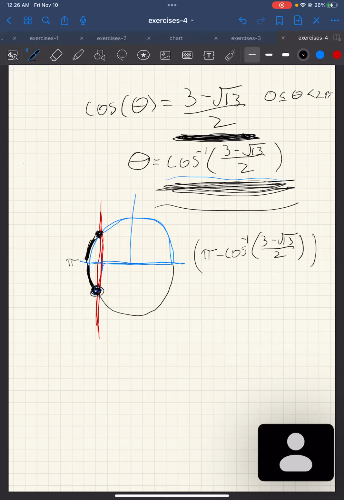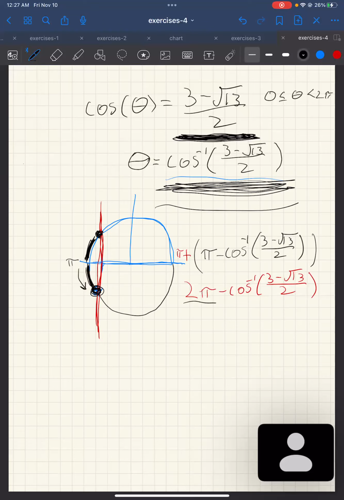So now my second angle is going to be this distance, but that much greater than pi. So I need to start with pi and then go forward this much, aka pi plus this number. Once we see we're doing pi plus pi minus this, it just turns into 2 pi minus cosine inverse of 3 minus the square root of 13 over 2.